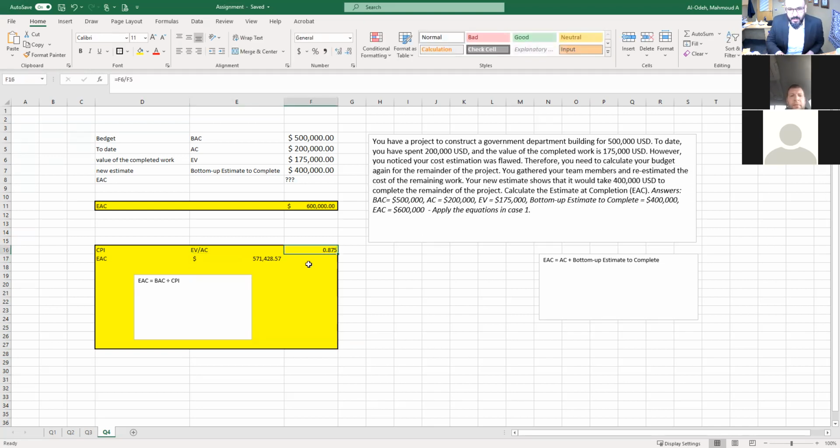But here it's based on what we have so far done. So this one is an estimate based on the earned value, based on the performance of your team, and assuming that you're going to do the same performance for the rest of the project. In this case would be 571.